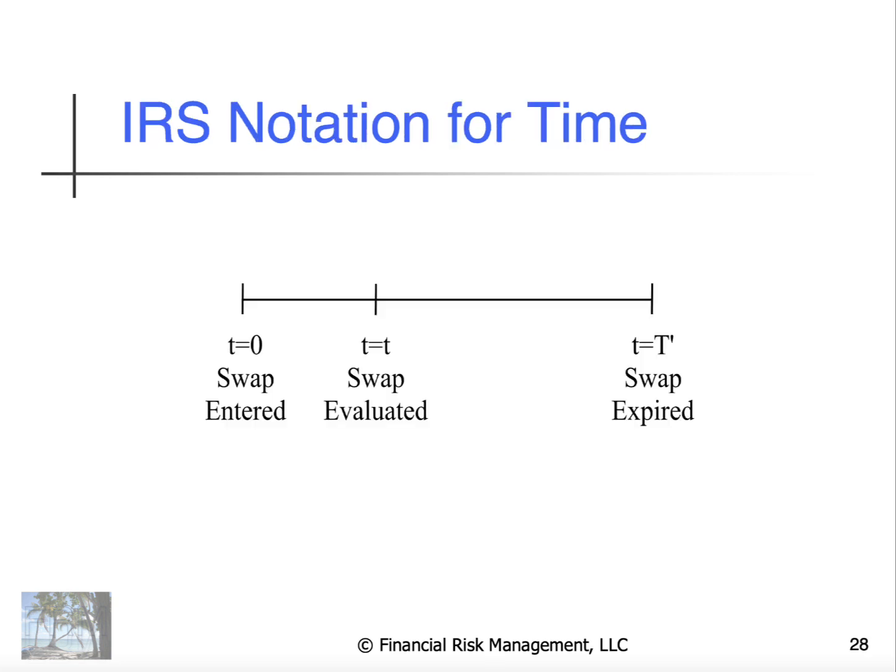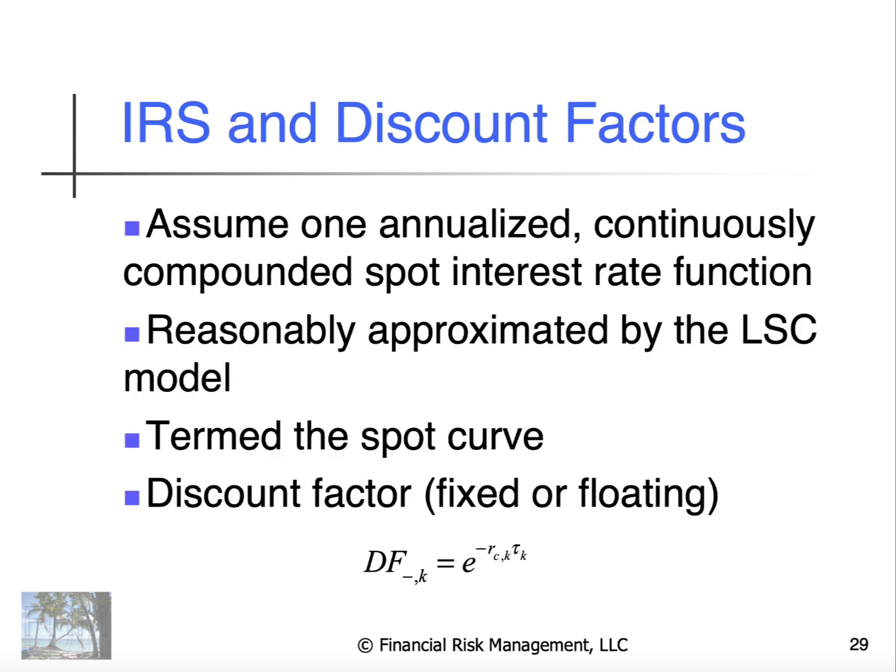With regard to interest rate swaps, we have the day the swap is entered. We may want to evaluate the value of a particular swap at some point in time, and then there's when the swap actually expires. For interest rate swaps, we assume one annualized continuously compounded spot interest rate function, reasonably approximated by the LSC model, and we'll call that the spot curve.